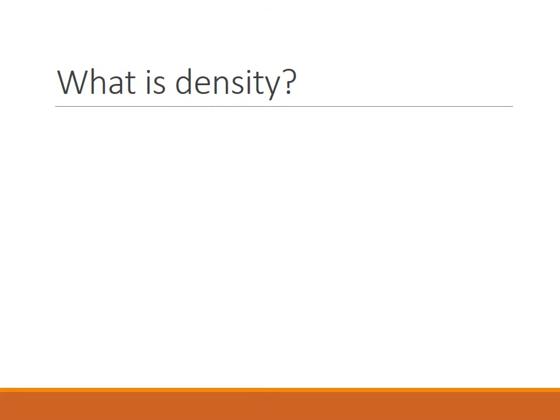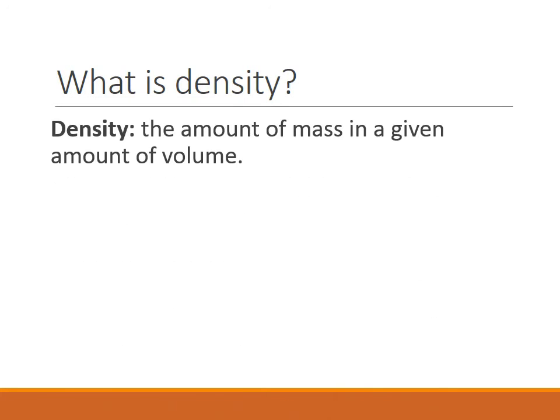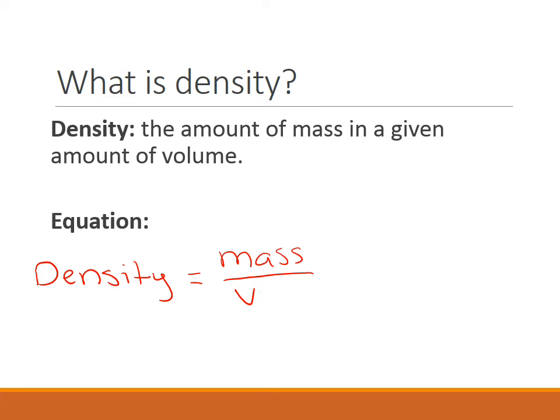So what is density? How do we define it? Density is the amount of mass in a given amount of volume. And there's an equation that goes with it. The equation is density equals mass over volume.